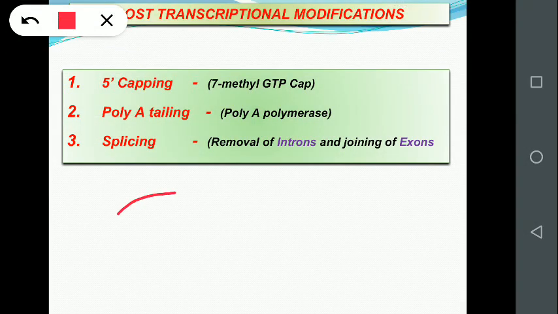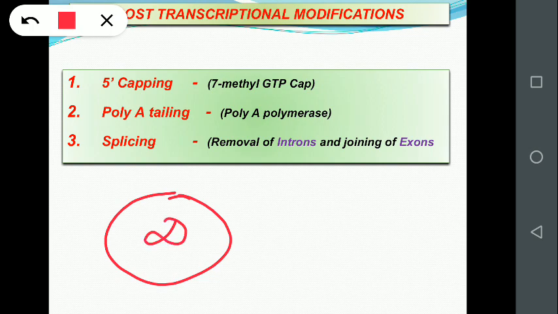Suppose we have a prokaryotic cell, that is a bacteria. In bacteria, there is no nucleus. The entire DNA genome is present in the middle of the bacterial cell. Of course, it is confined to a specific region, but there is no separate envelope or membrane-bound structure like the nucleus, which we see in eukaryotes.